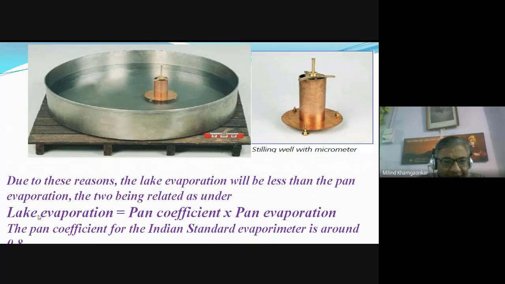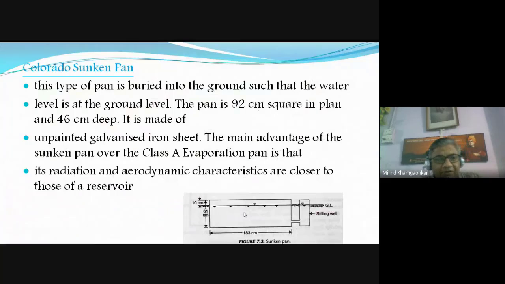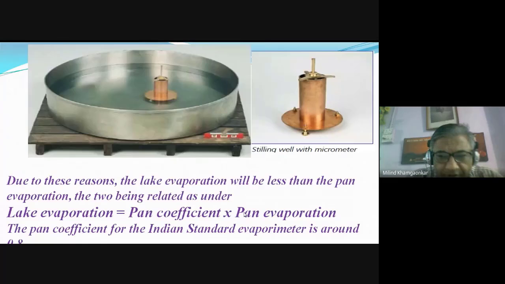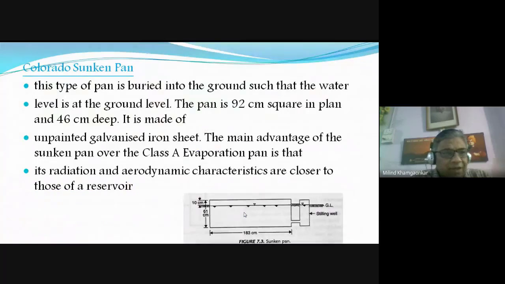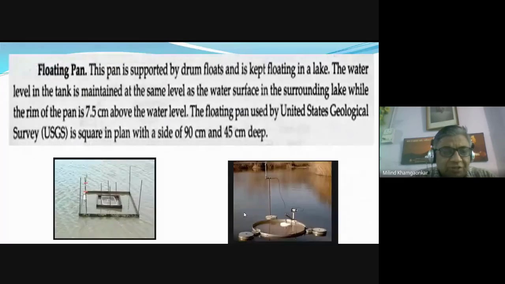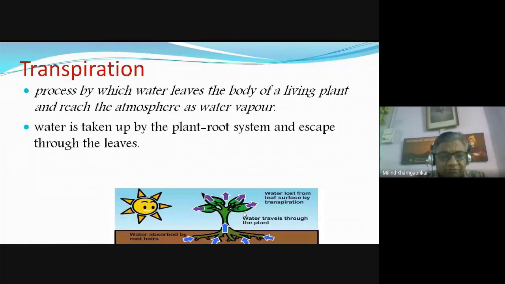Lake evaporation, or evaporation from the reservoir, is equal to the pan coefficient multiplied by the pan evaporation. There are various types of pans: Colorado sunken pans, and another, the floating pan.